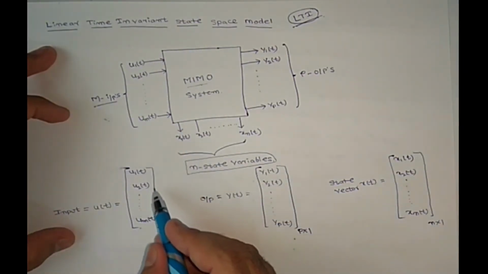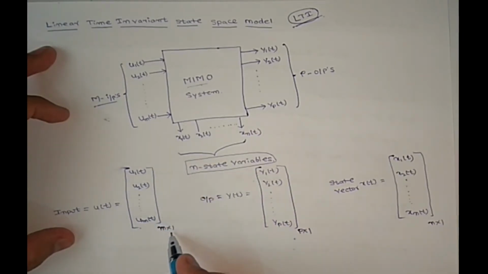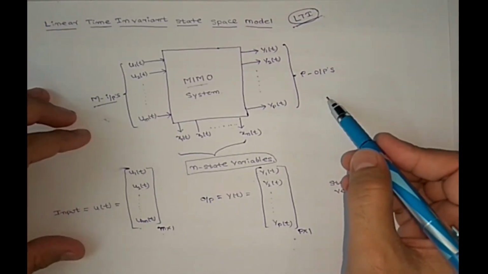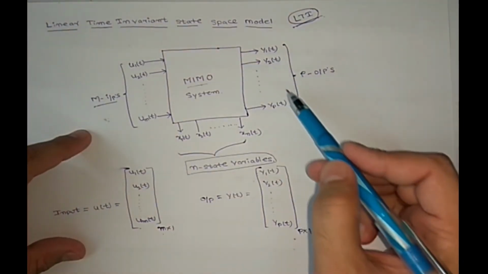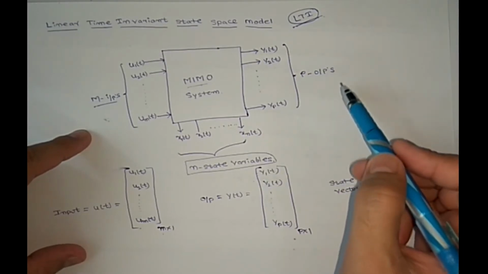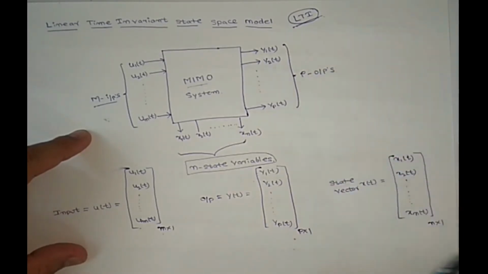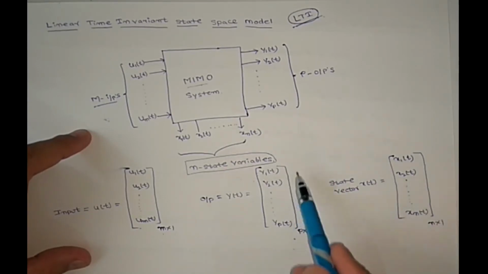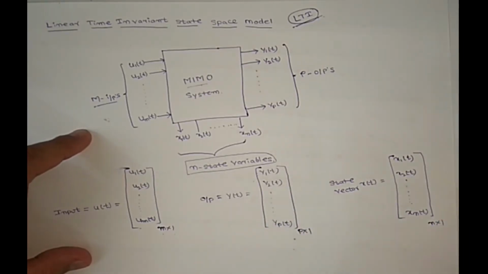So it is m cross 1, m rows and 1 column. For this system we also have p number of outputs, written in matrix form as p cross 1, p rows and 1 column.